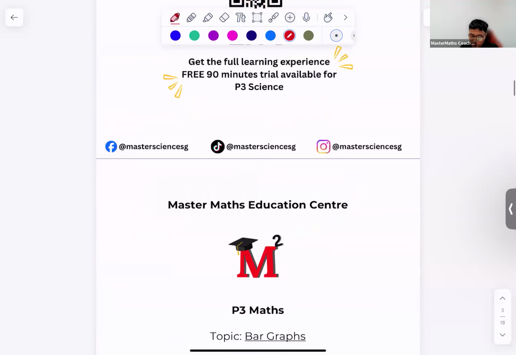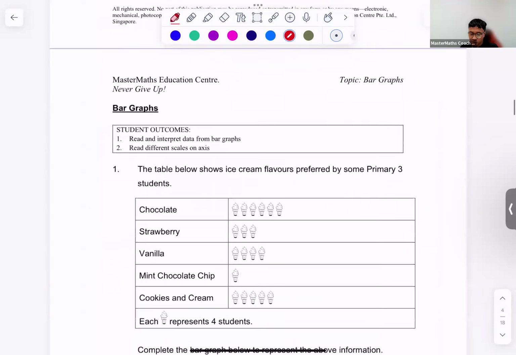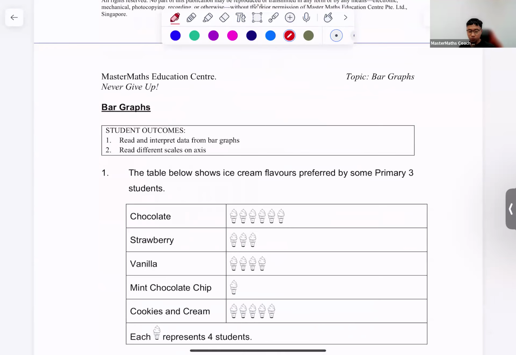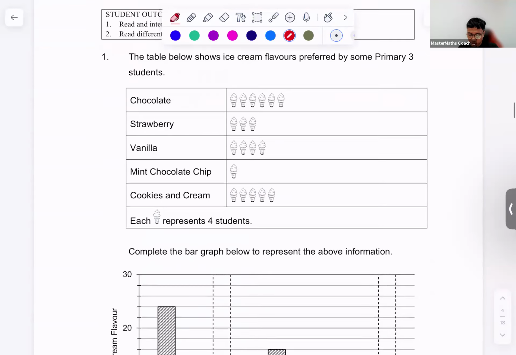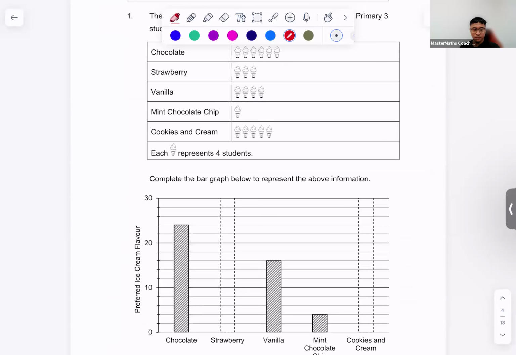So we will be talking about bar graphs for primary 3, and here are the student outcomes. The first one is to read and interpret data from bar graphs. Second is to read different scales on the axis. So this is the first question.